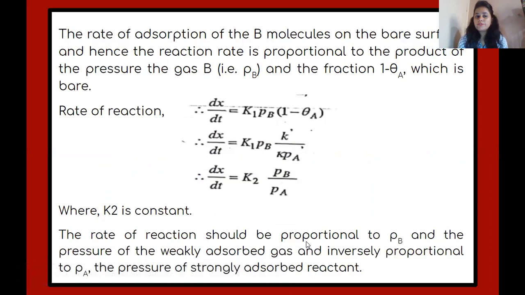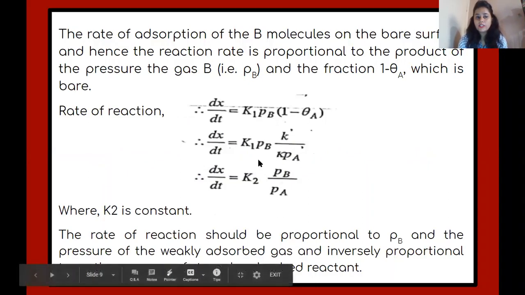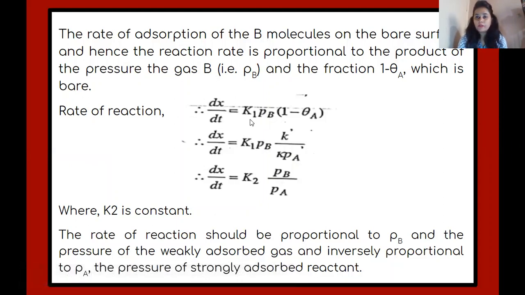Now the rate of adsorption of gas molecule B on the bare part can be calculated by applying pressure. So the rate of reaction dx upon dt will be equal to K1 into Pb into 1 minus theta. 1 minus theta is the space which is uncovered, wherein gas B can get adsorbed. Pb, because pressure has to be applied for the B gas molecules to get adsorbed, and K1 is the proportionality constant.